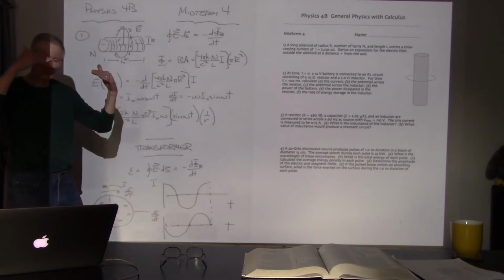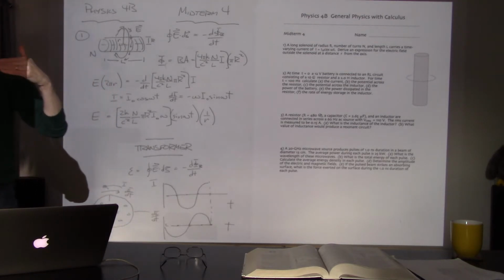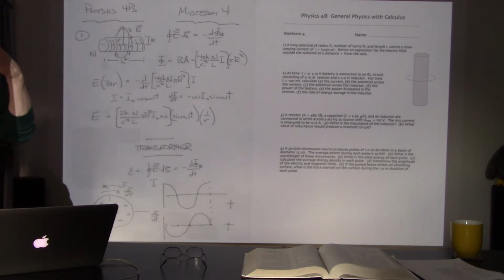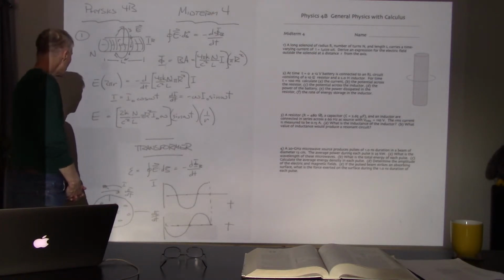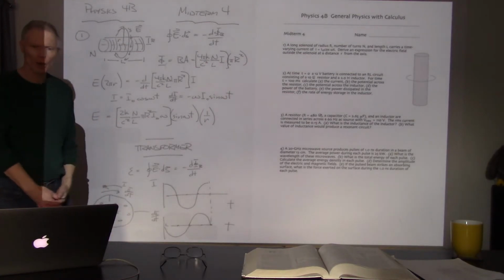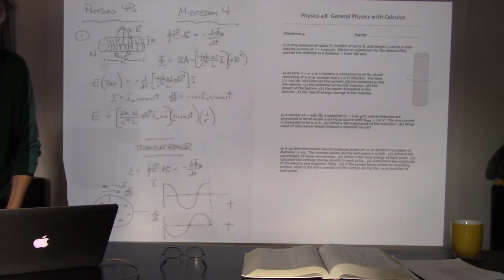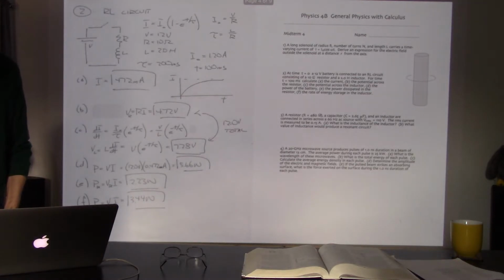When the current peaks, the EMF in the outer region, or the electric field, is 0. When the current is changing rapidly, and that's when the current's 0, is actually when it's changing most rapidly, that's when the electric field and the EMF are the very largest. All right, let's go ahead and move on to the next example here.